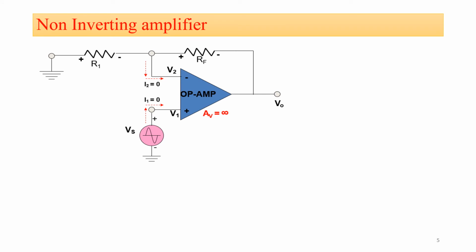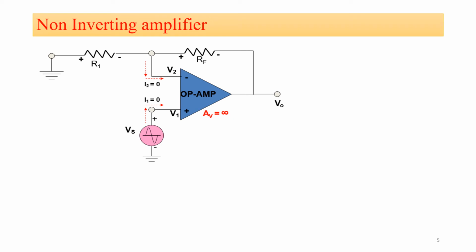Now if you observe this circuit, the input voltage, that is Vs, is applied at the non-inverting input terminal, while the inverting input terminal is connected to the ground potential. As input voltage is applied to the non-inverting input terminal and the inverting input terminal is connected to ground, this type of amplifier is called a non-inverting amplifier.